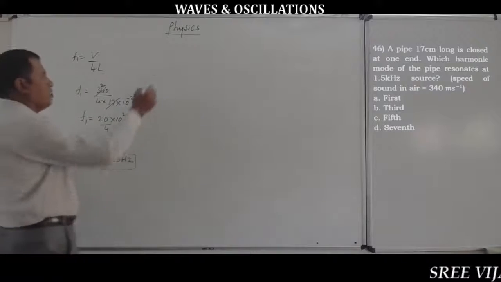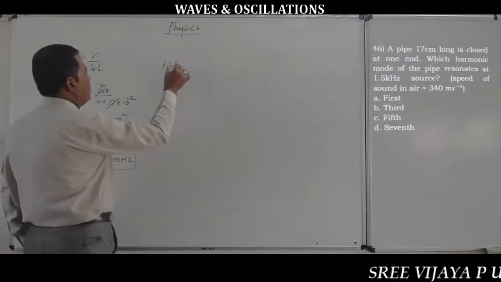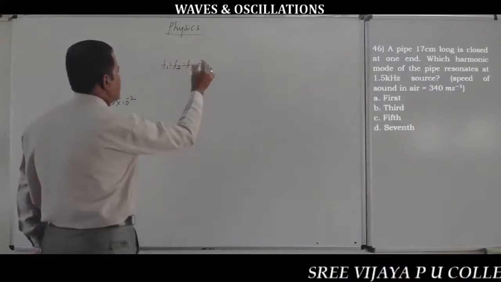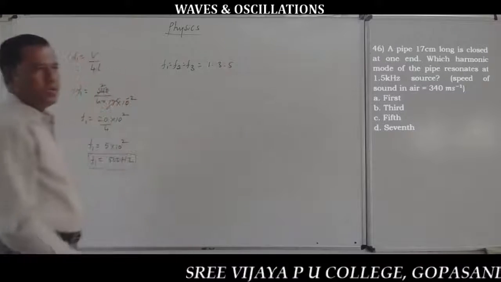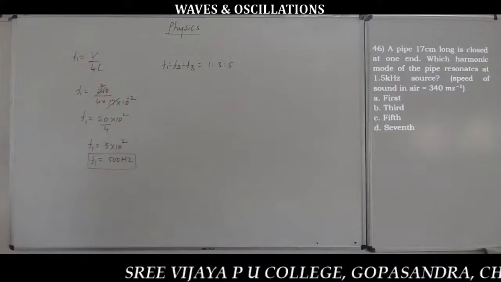In the case of a closed pipe, F1 is to F2 is to F3 is equal to 1 is to 3 is to 5. Overtones in a closed pipe are odd harmonics of the fundamental.